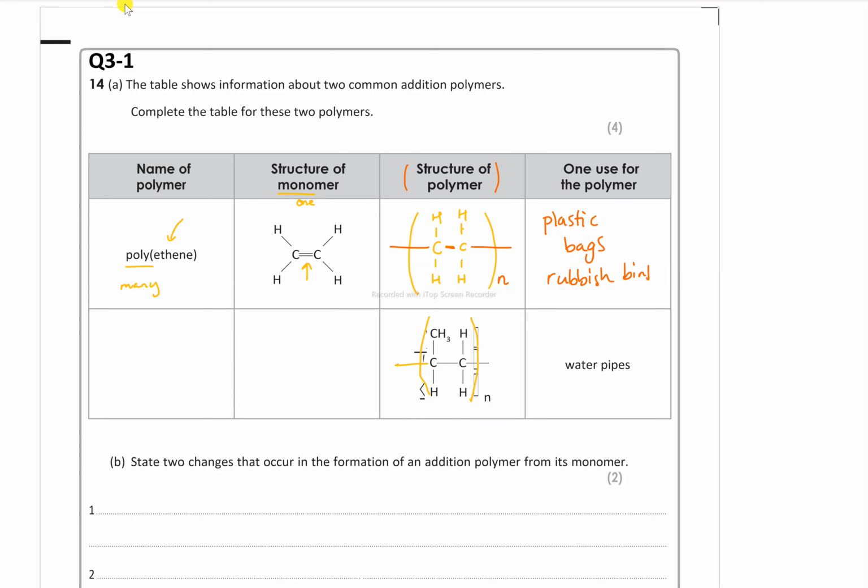Right, okay. If you look on this one, you've got one carbon atom, two carbon atoms, three carbon atoms. I'm going to do it here: 1, 2, 3.